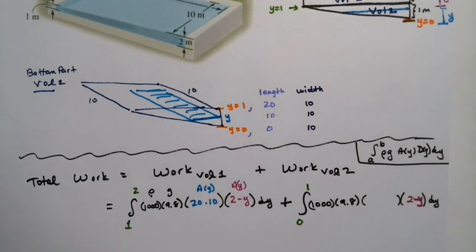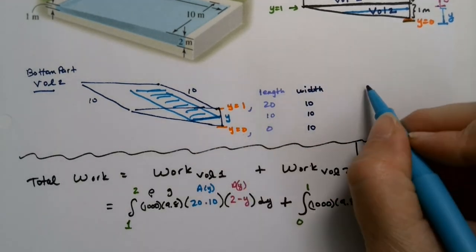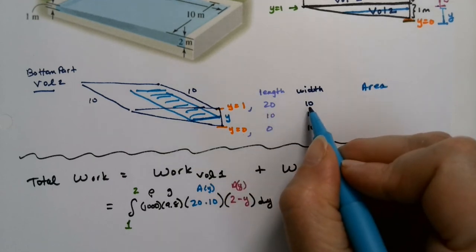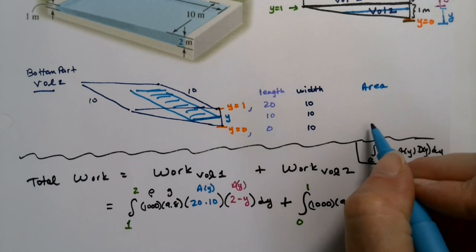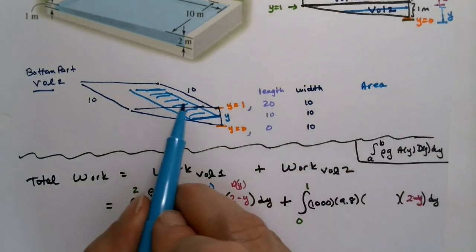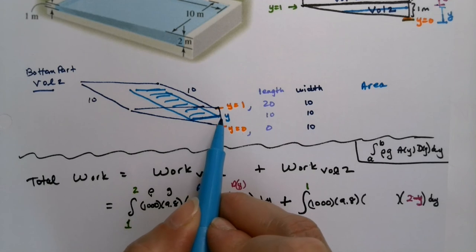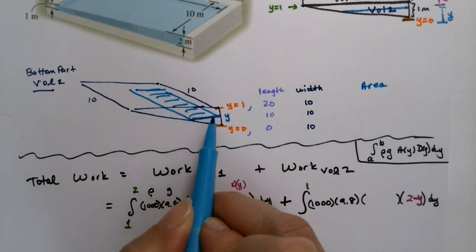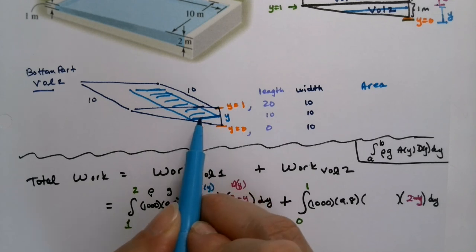So then what's the area? Well, the area up here would be 200. The area down here would be 0. The area in the middle would be, let's think, if this is at height of y, then this comes out to 20y, right? There's a relationship here.